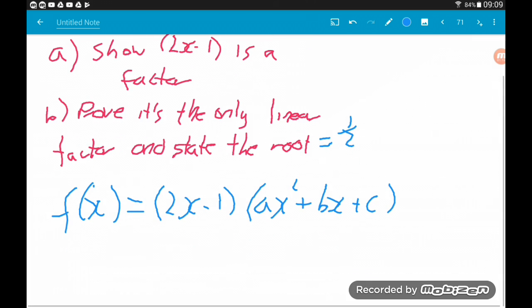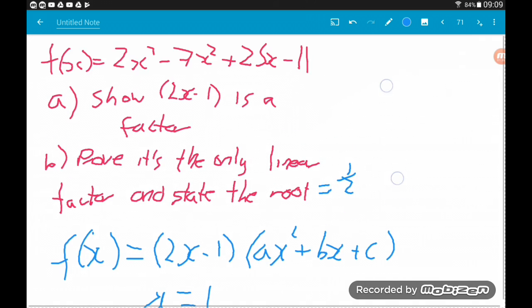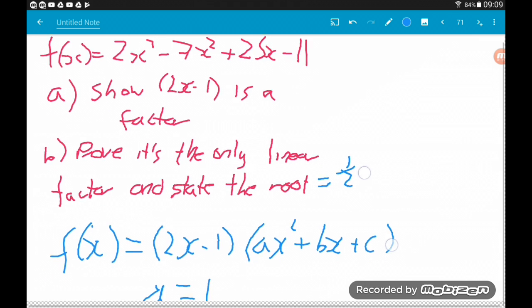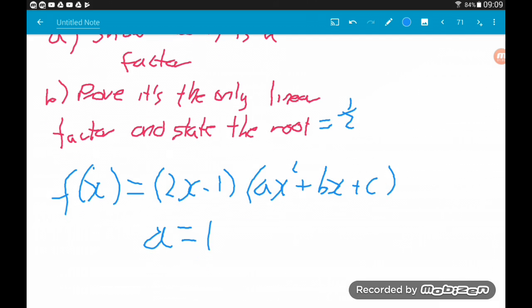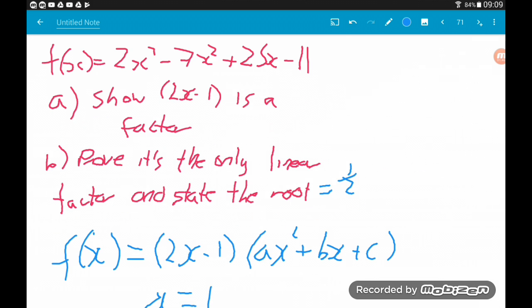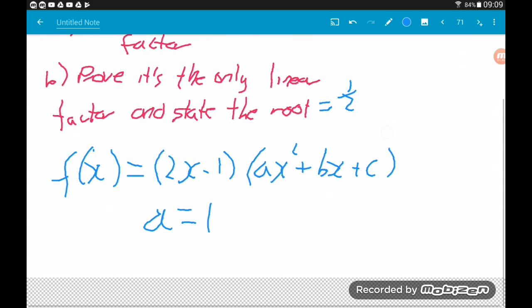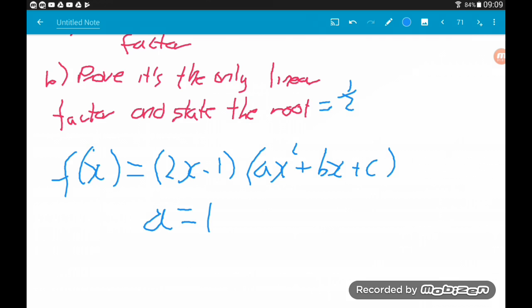So a has to be 1. Good times. We can work out c quite easily too. The constant term in f of x is minus 11. When we expand this out, we're going to get minus 1 times c. So minus 1 times c has to be minus 11. So c has to be 11.